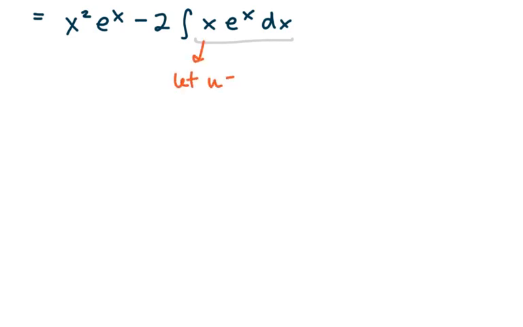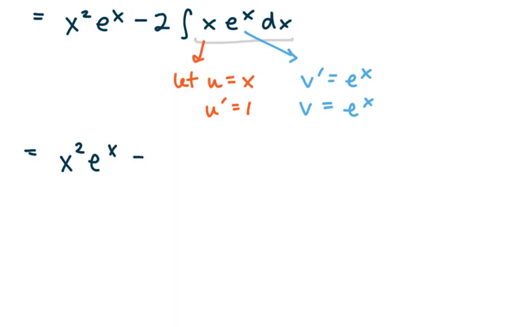So let u equal x, v prime equals e to the x. So when I differentiate, u prime, in this case, is reduced down to 1, a constant, and when I integrate, v is still going to give me e to the x. So here I have x squared e to the x minus 2.